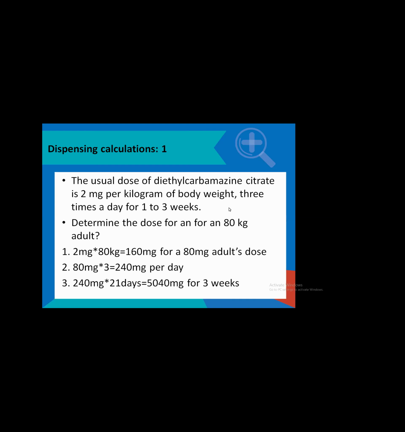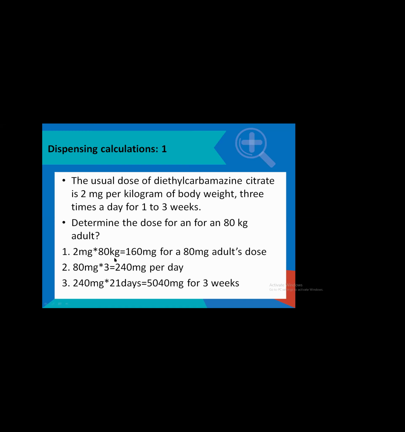It says 2 milligram per kilogram of body weight, 3 times a day for 1 to 3 weeks. So you need to determine the dose for an 80 kg adult. Already here, it's a good thing because the dose is per kilogram and the person's weight is also presented to you as kilograms. So the calculation is simple: it's 2 milligram per kilo, therefore 2 milligram multiplied by 80 kilograms because your patient weighs 80.